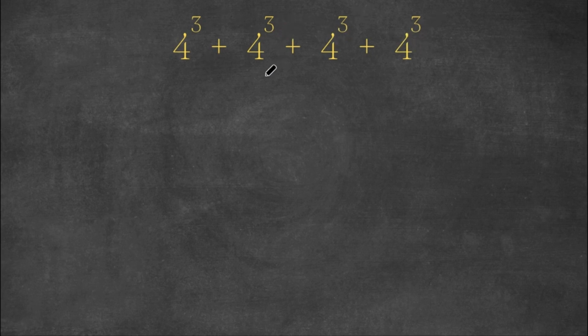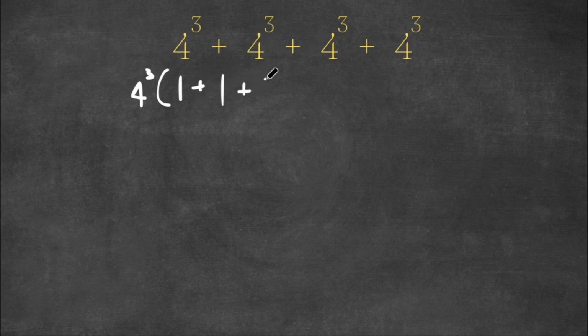Now what I'm first going to do is factor out 4 to the power of 3 from this problem. So if I factor out 4 to the power of 3, I get 4 to the power of 3 times. Now 4 to the power of 3 divided by 4 to the power of 3 is simply 1, because anything divided by itself is 1. So same thing over here, 4 to the power of 3 divided by 4 to the power of 3 is 1.